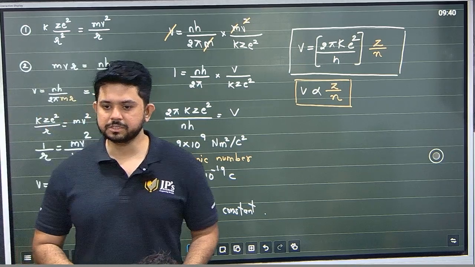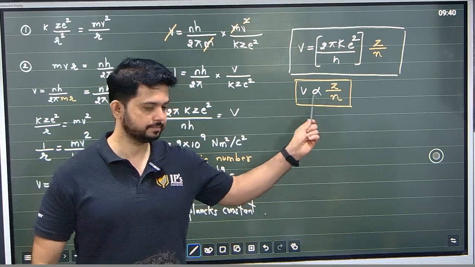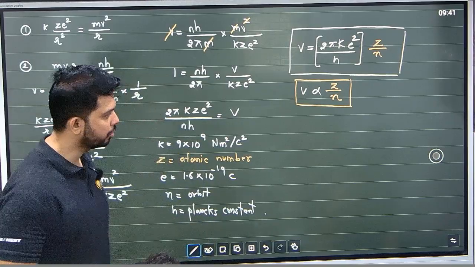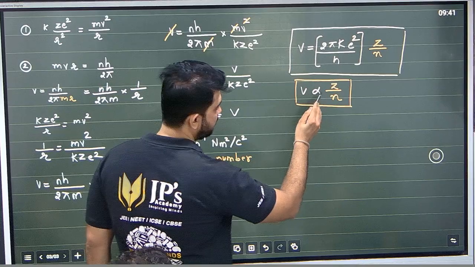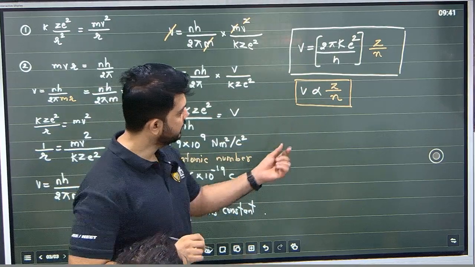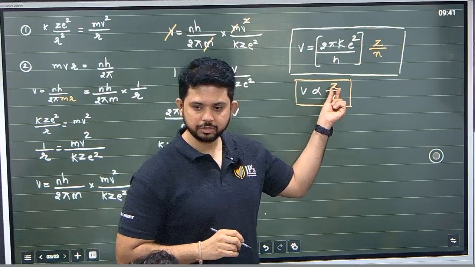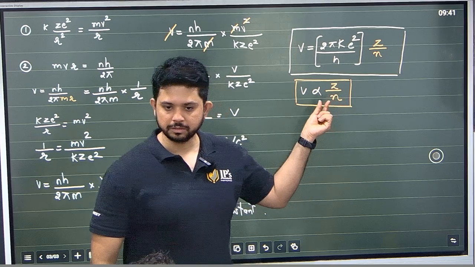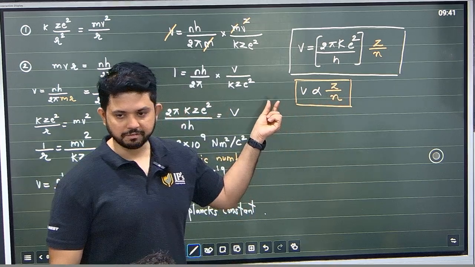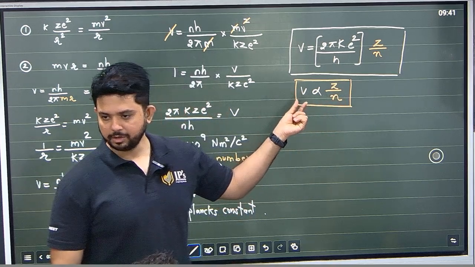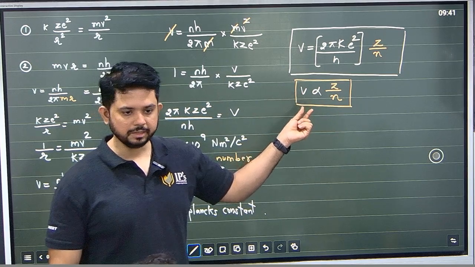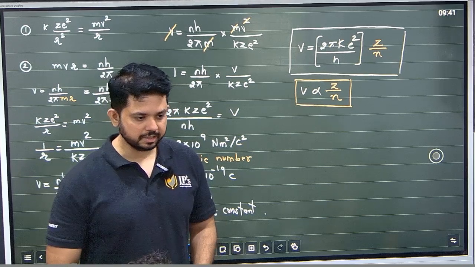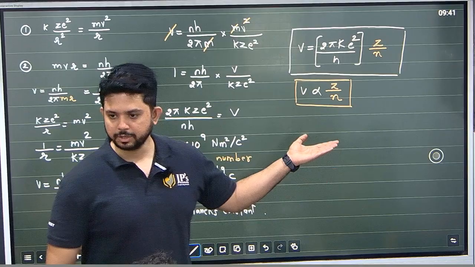It is inversely proportional to n, so the electron moving in the first orbit. Or let's say I compare hydrogen with lithium, both electrons in the first orbit. Which electron is traveling faster? Hydrogen or lithium? Lithium, because Z for lithium is 3 and for hydrogen is 1. Did you people get that?